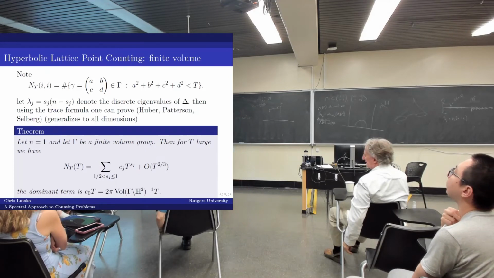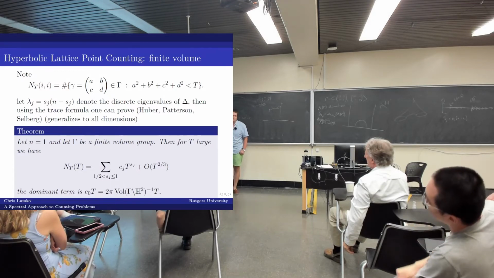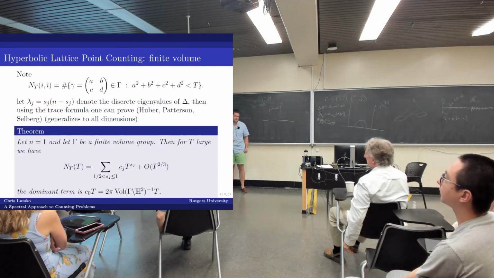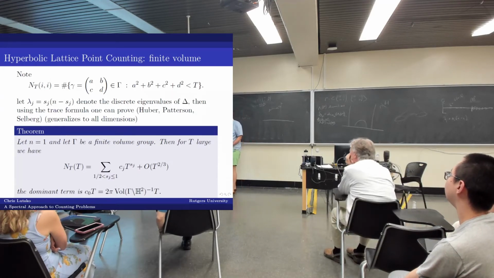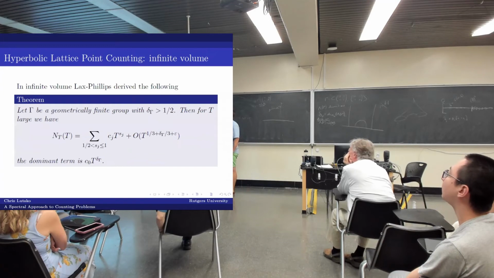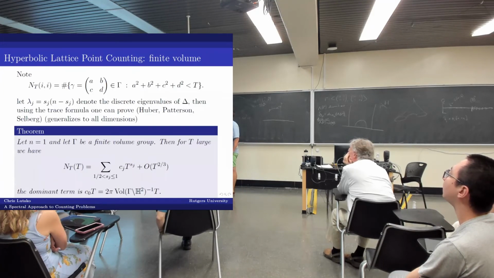And now Lax and Phillips. These guys were all using versions of the trace formula. You can recover all of this using the trace formula. But Lax and Phillips said, hey, you don't actually need this explicit spectral decomposition. It's enough to know a little bit about the spectrum, and you get the same kind of theorem. You get the same main terms coming from discrete eigenvalues.